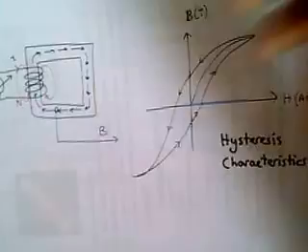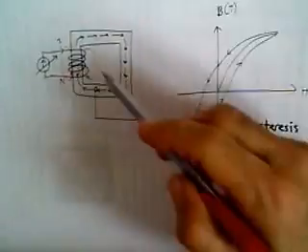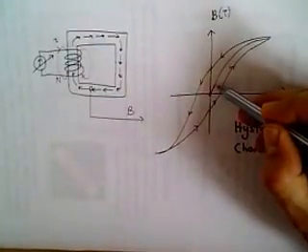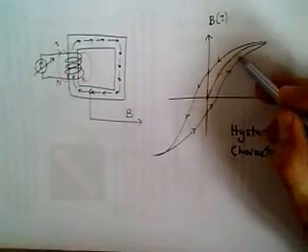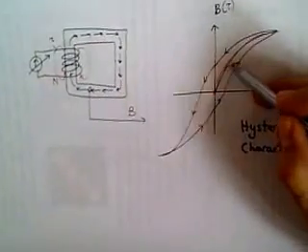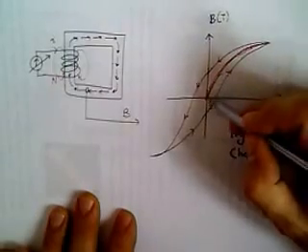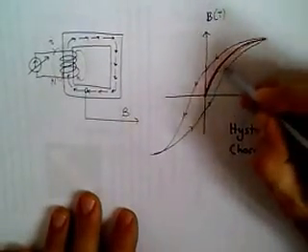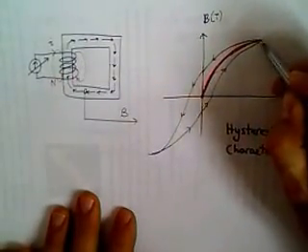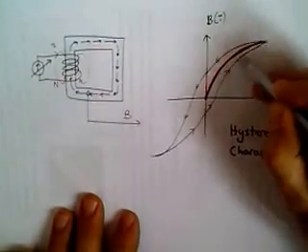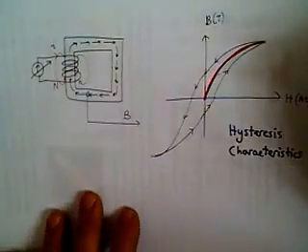These are called leakage flux. We start from zero. As we increase the current, we measure the points, and we obtain the BH curve. So in the first part of the experiment, at the initial stage, we obtain this red highlighted curve.